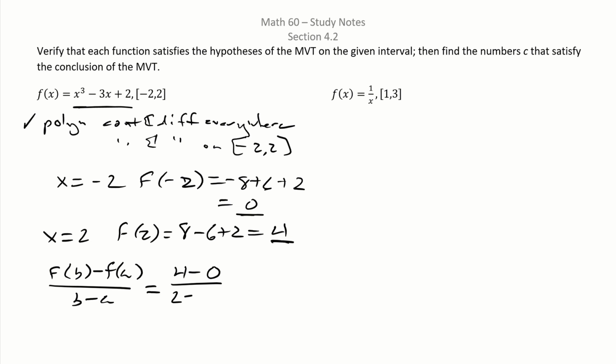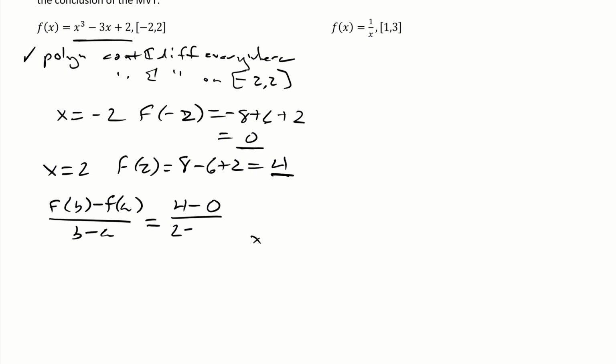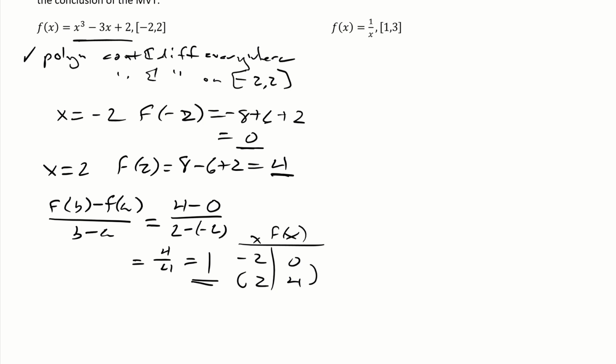In fact, maybe it helps you to see it this way. I've got x and I've got f of x. I've got a table, -2 gave us 0, 2 gave us 4. So I'm doing the slope. I'm just going 4 minus 0 over 2 minus -2, and what we're getting in this case is 4 over 4 equals 1. Okay, that's important to us.